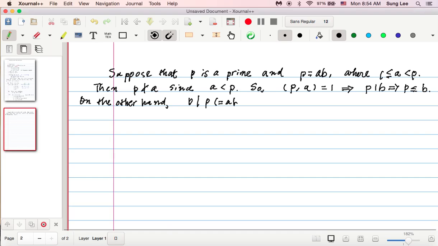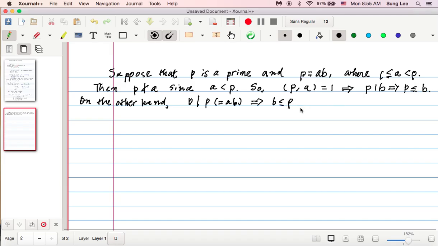P is a multiple of B, so this implies that B is less than or equal to P.